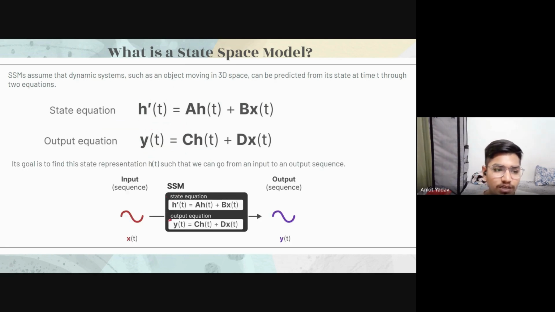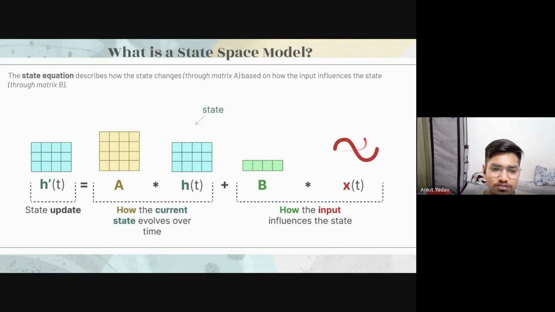Again, the state equation and the output equation help to get from input to output. If I visualize this, I have a state ht, and there will be these parameters A and B. At state ht, I'll have input xt, which merges in some changed format because it gets multiplied with B. With the help of xt and the previous ht, I'll get a new state.